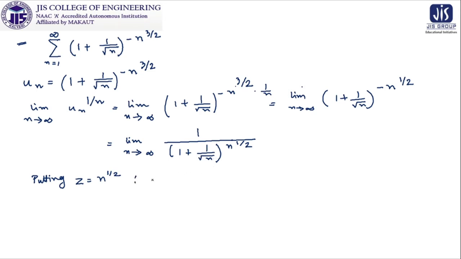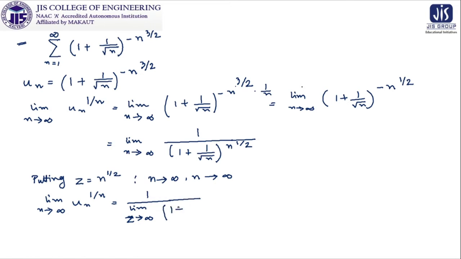If n tends to infinity, z will also tend to infinity, so that we can write limit n tends to infinity un to the power 1 by n is equal to 1 by limit z tends to infinity (1 plus 1 by z) to the power z, which is 1 by e, and which is obviously less than 1, as e is lying between 2 and 3.